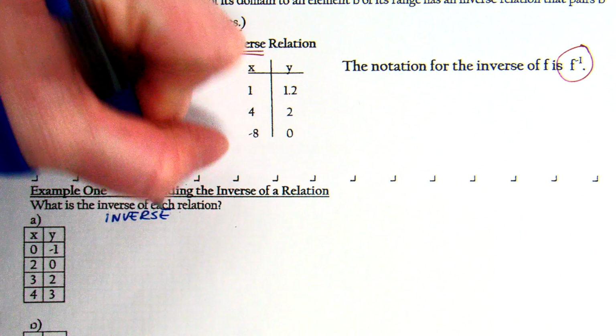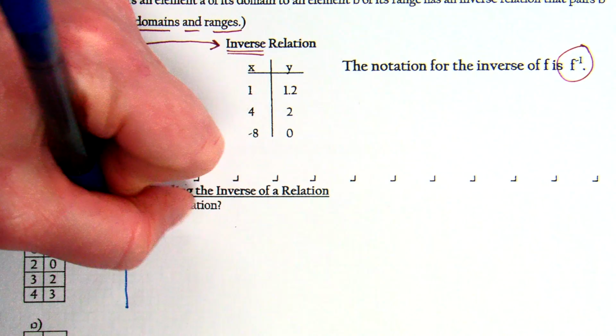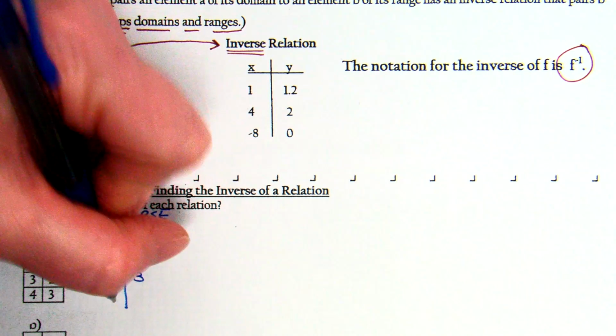The easiest thing to do is to set up an x-y chart, but instead of writing 0, negative 1, write negative 1, 0. Instead of 2, 0, 0, 2. Instead of 3, 2, 2, 3. Instead of 4, 3, 3, 4.